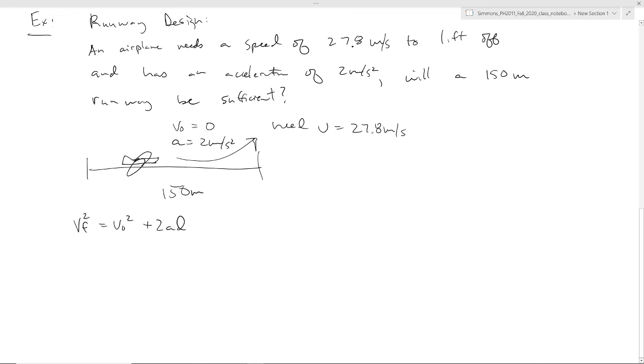So let's see what happens if we just put in the length of the runway and the acceleration and find v final. So we can solve this for v final. Notice v initial will go to 0 because it's starting from rest. V final would just be the square root of 2 times the acceleration times the distance. Let's put in some numerical values here. So this would be the square root of 2 times 150, so the square root of 600.